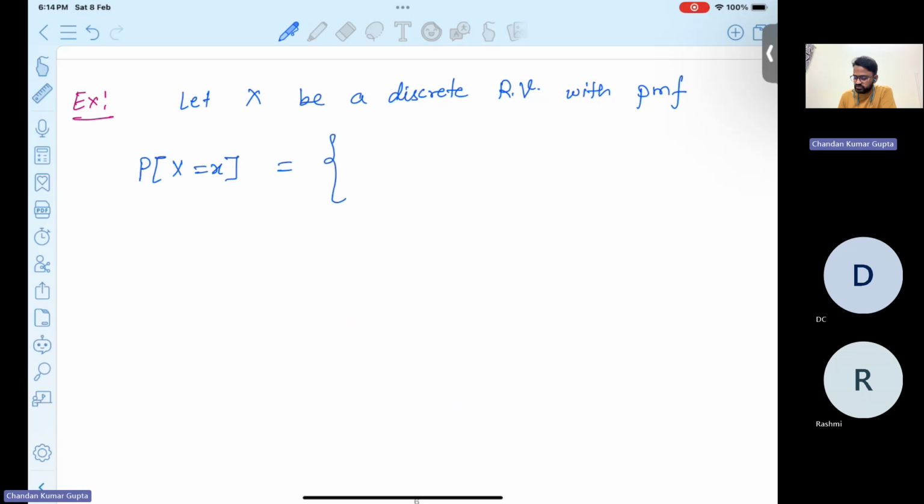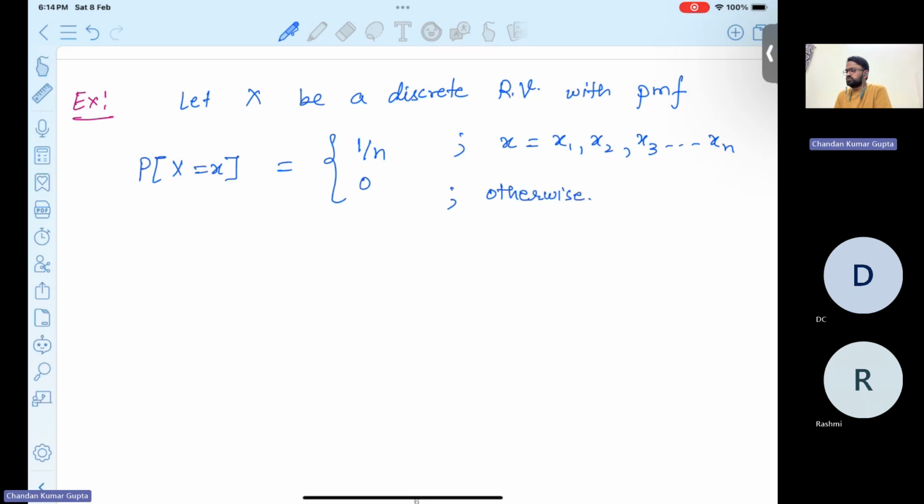It takes 1 by n or 0. The value 1 by n occurs when x equals x1, x2, x3, and so on. That means the probability only exists at a jump point and is 0 otherwise.